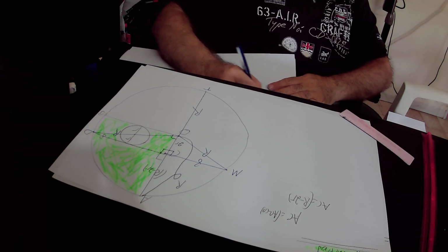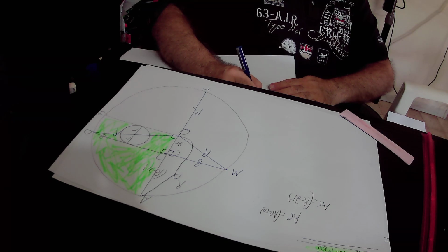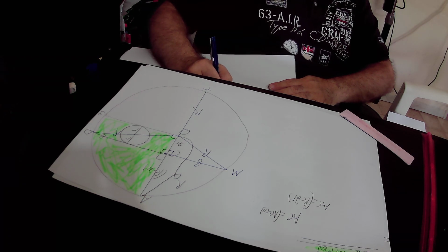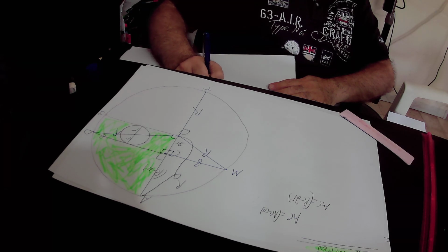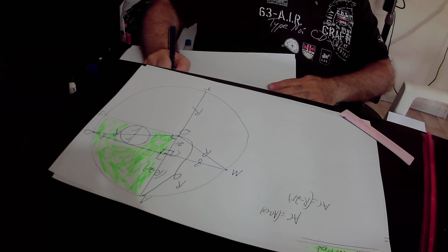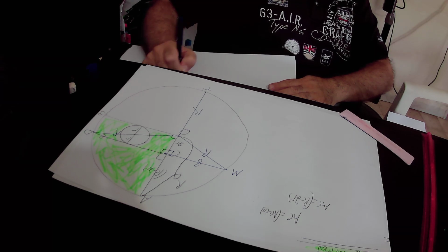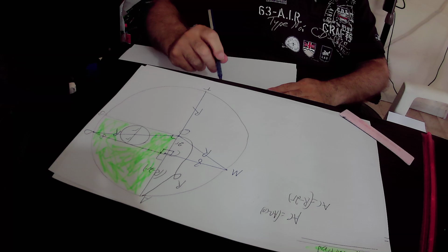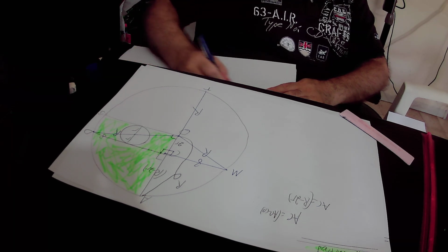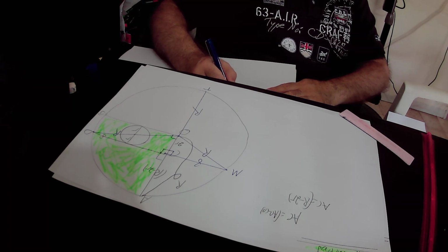We have chord AT intersects with chord MD at point C. Point C is the intersection point.